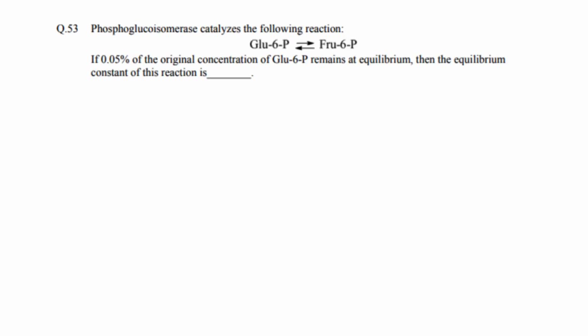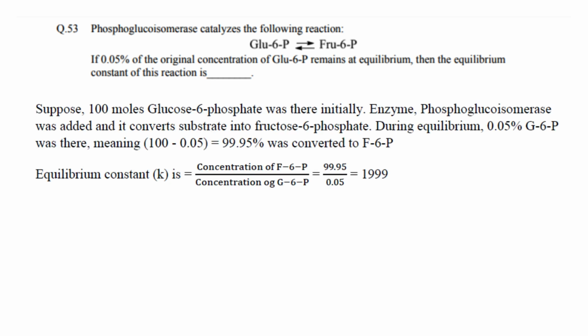And here the reaction is catalyzed by phosphoglucoisomerase. You have to calculate the equilibrium constant if 0.05% of the original concentration of glucose 6-phosphate remains at equilibrium. Suppose 100 moles of glucose 6-phosphate was there initially. The enzyme phosphoglucoisomerase was added and it converts substrate into fructose 6-phosphate.